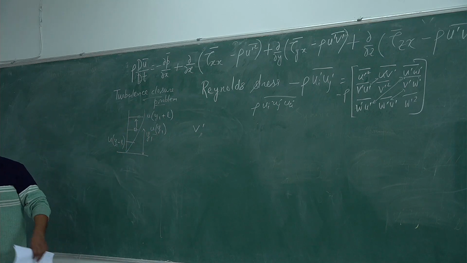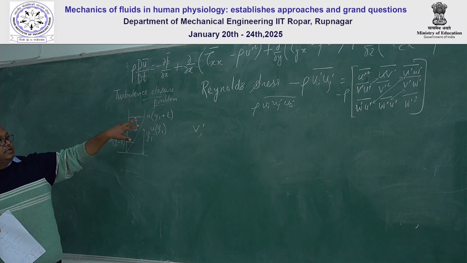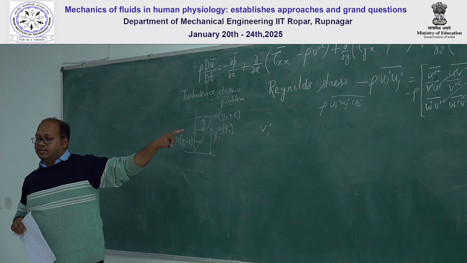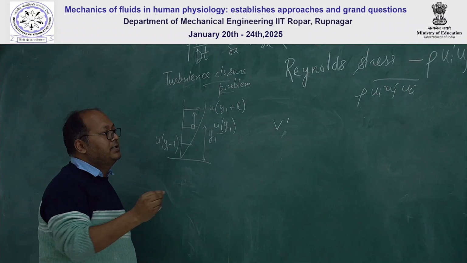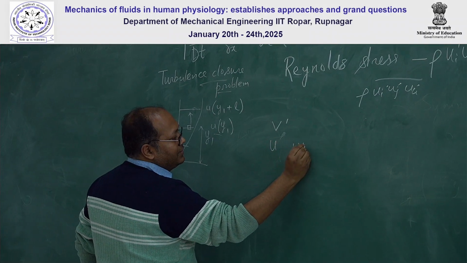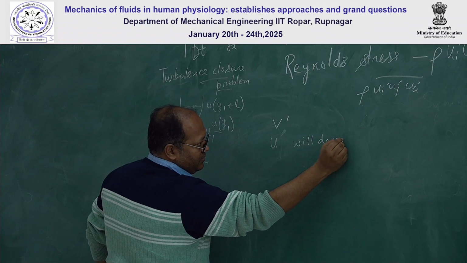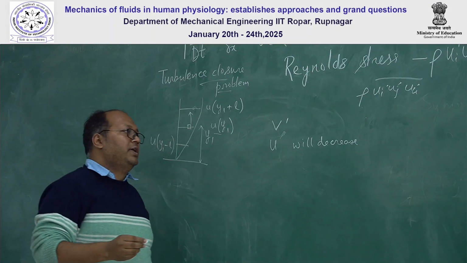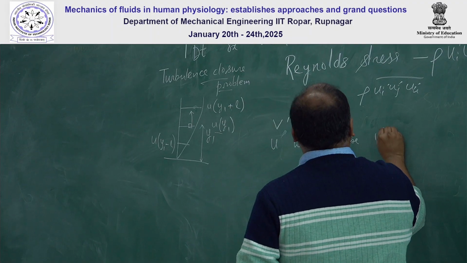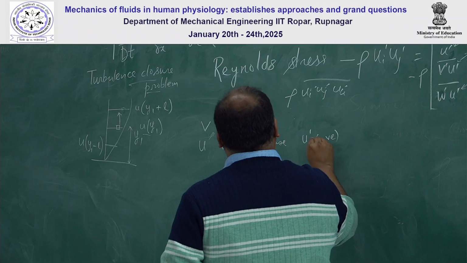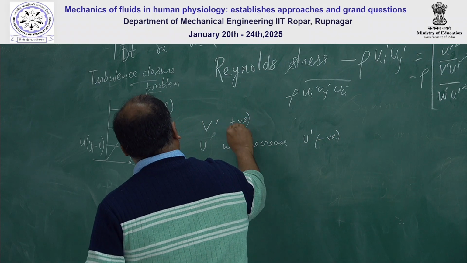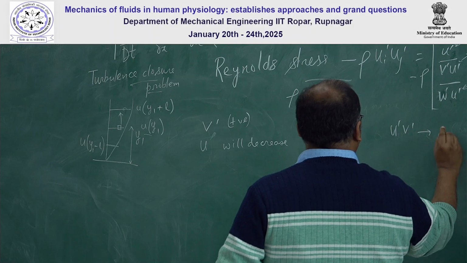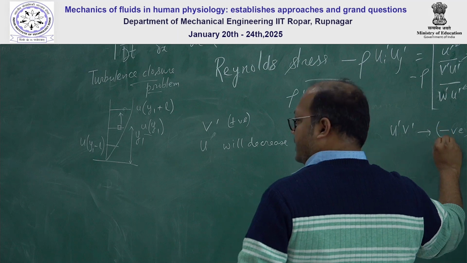And since this is lower velocity, the overall velocity, the u component, will decrease due to the mixing of this region. So here u will decrease because this component has a lower u velocity. So you can say u dash is negative and v dash is positive. So u dash v dash here, the product is negative, right?